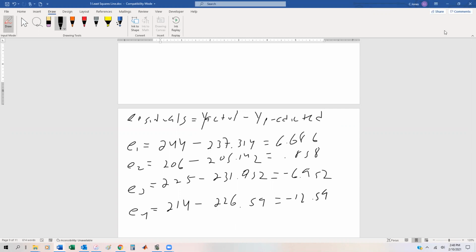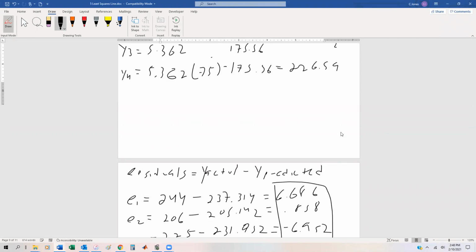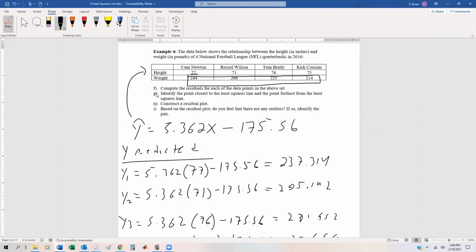Those are the residuals, so that's actually going to be part F, I believe, if we go back up here. Now we just want to identify the point closest and the point furthest.